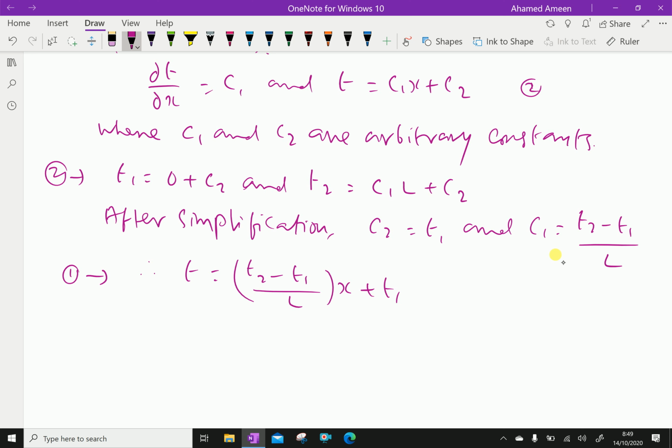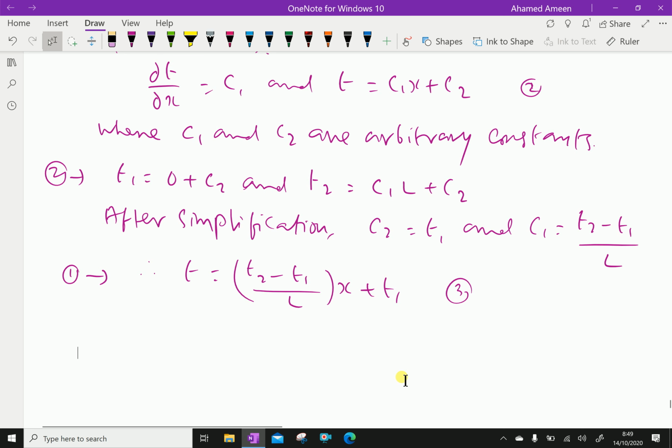Let it be 3. This equation indicates that the temperature distribution across the wall is linear and independent of thermal conductivity.